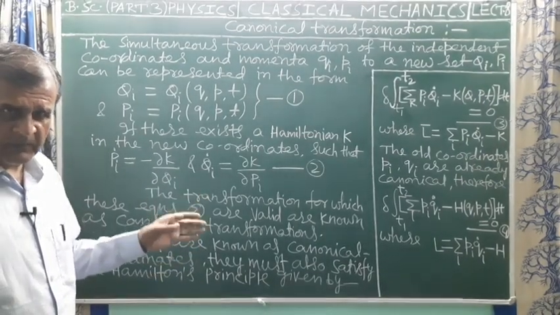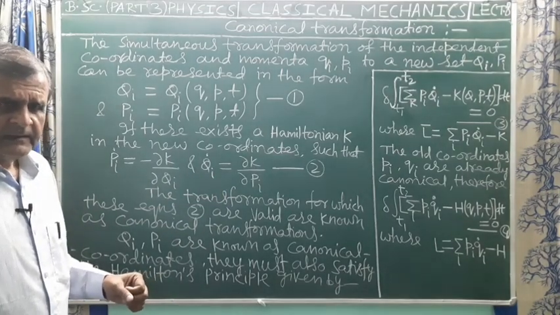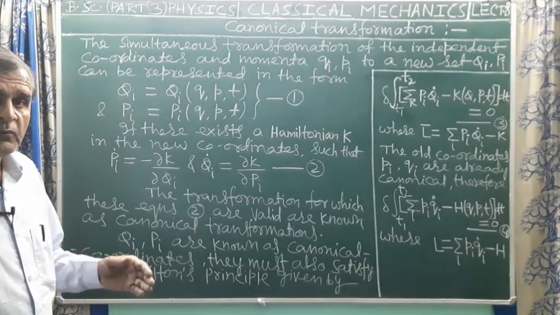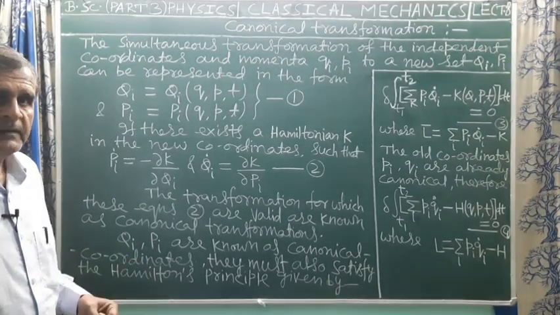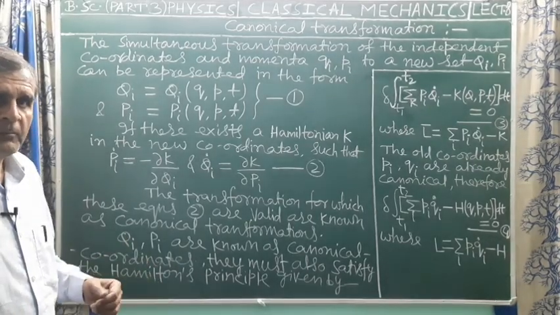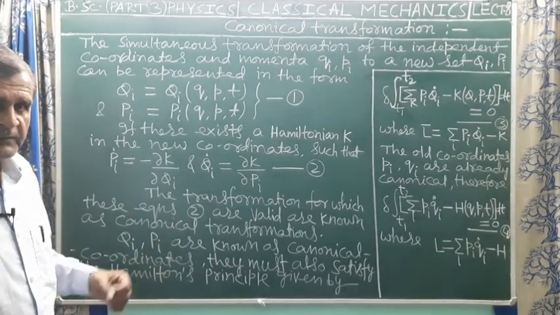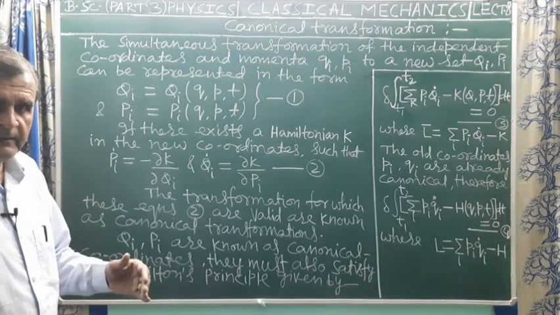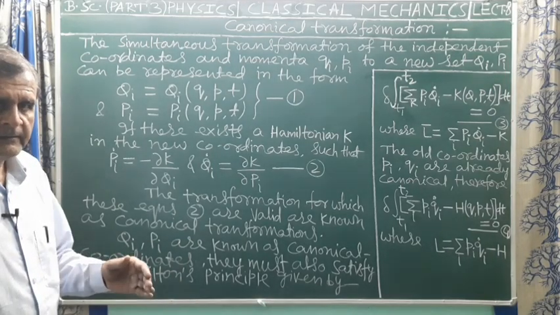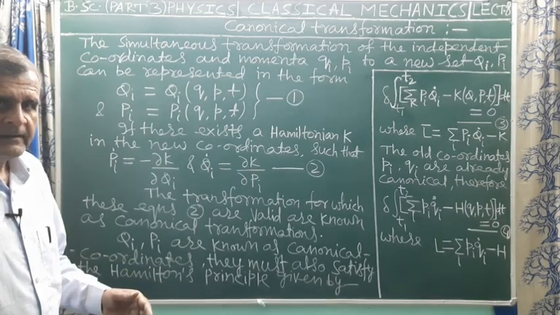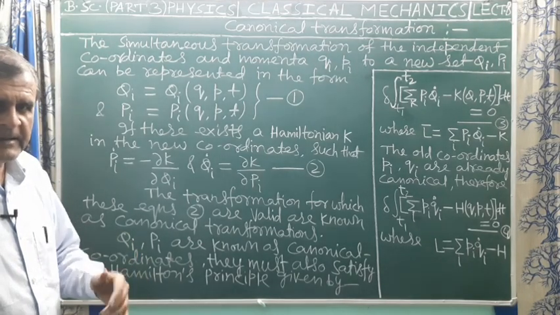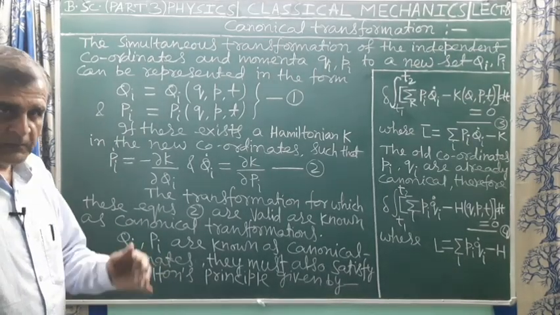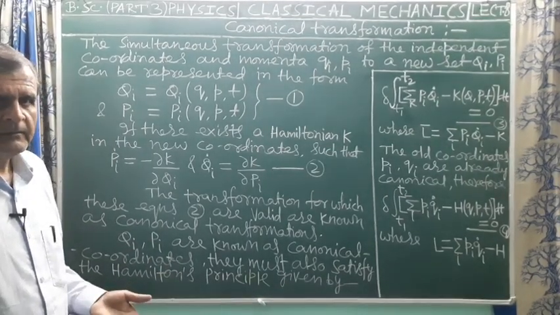So a total of 4n plus 1 variables can be transformed into only 2n plus 1 variables: 2n variables out of 4n variables, that is small qi, small pi in the old coordinate system, and capital Qi and capital Pi, that is position coordinate and momentum coordinate in the new coordinate system, and one variable is time.